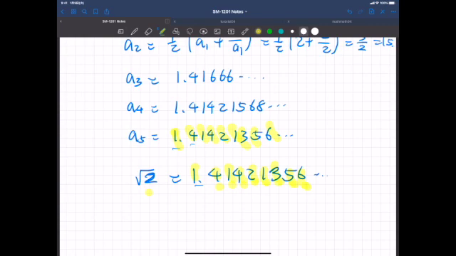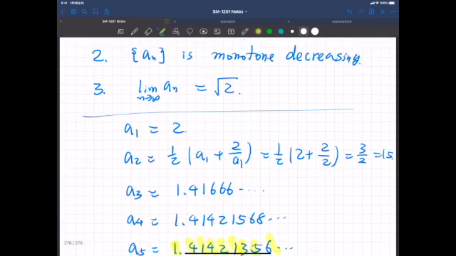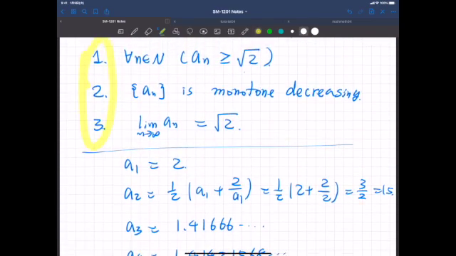Oh, 9 digits maybe. Wow, maybe more. That's very impressive. Anyway, try to prove these 3 points.